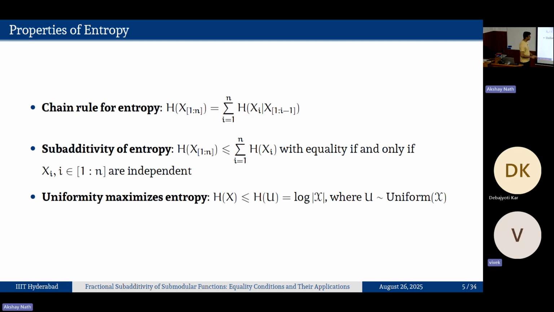So this is a subadditive structure. And this equality holds if and only if xi has to be independent of all of those before it. These are simple facts we'll keep using again and again.